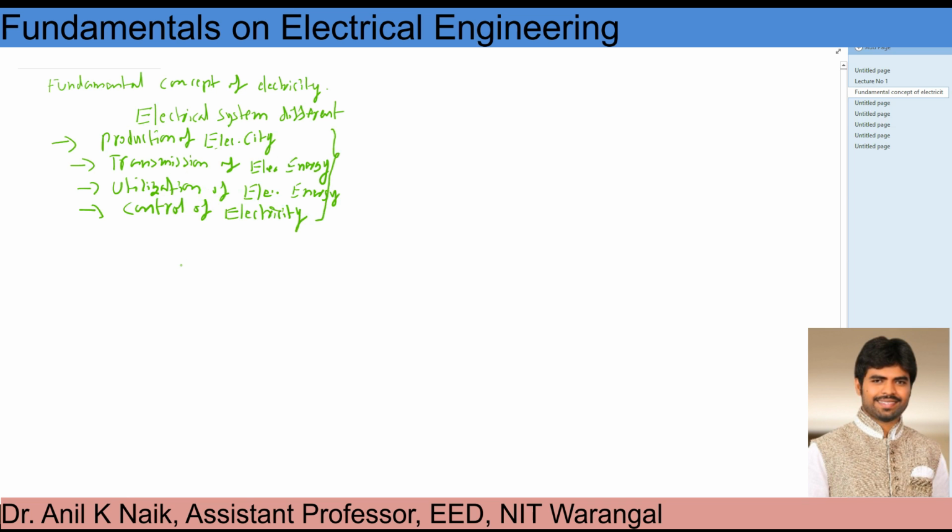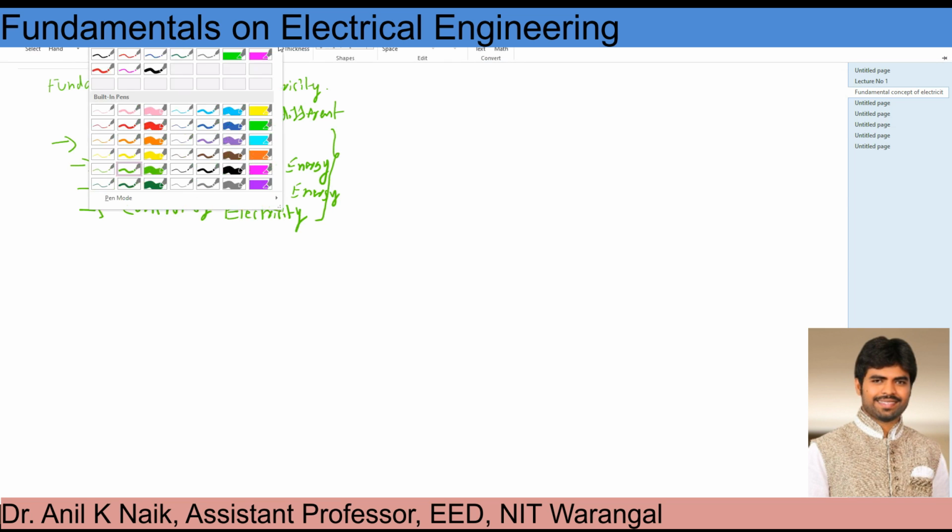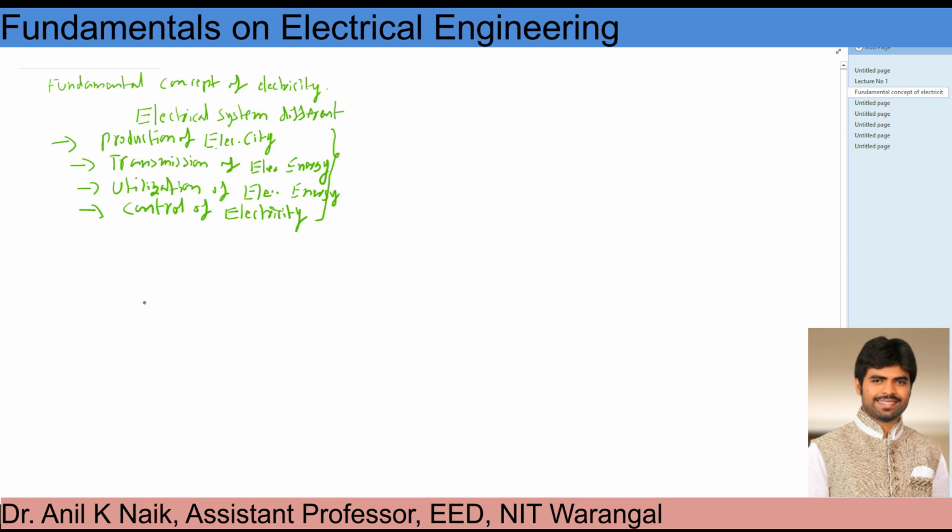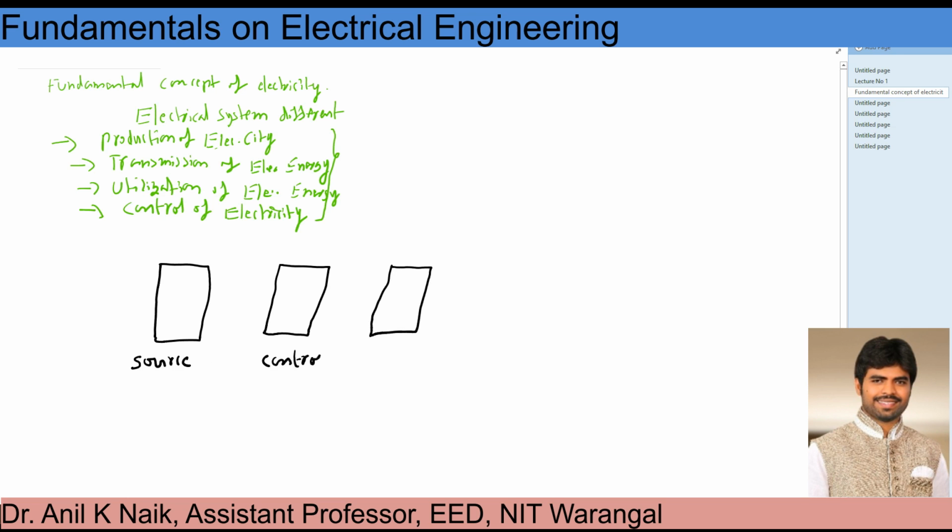If you see the pictorial diagram of this system, you can represent these various stages in a pictorial diagram here. It could be like this, or something like this. This is the source, this is the control, and this is the load.